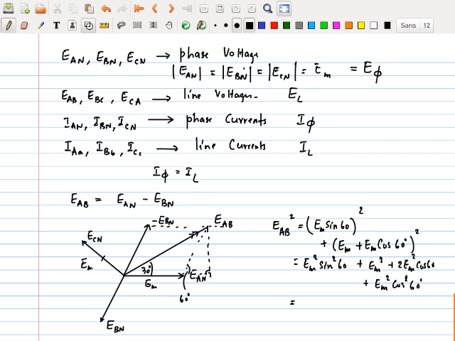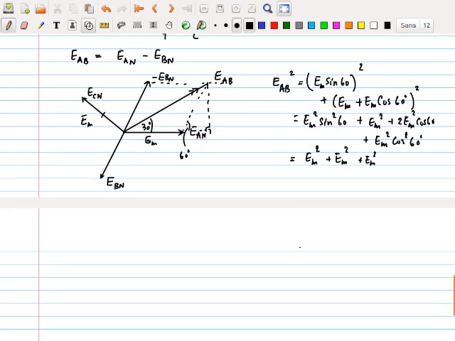Now if you take these two together, that will give you EM squared, and you got plus EM squared, and the cosine 60 is half, that half and these two cancel, you got another EM squared. So immediately from this you will be able to see that E of AB is root 3 into EM, right? Root 3 into EM.